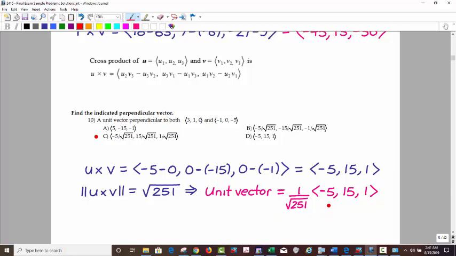But fortunately, if you take all the reverse of these numbers of this vector, you get 5, -15, -1. So you see that has a -15 and a -1, but it has a -5. So that's why that one can't be right, thank goodness, because if that was a +5, in reality, that means both B and C are correct answers. They're just going in the opposite direction. So that's why it would just be C in this case.